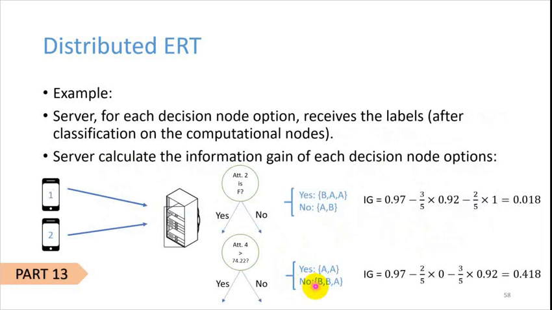And after that, the server, after receiving all this information, can calculate the information gain for each of these decision nodes. And finally, based on these information gains, which are the scores for our decision node options, we choose the best one, which has the highest information gain.